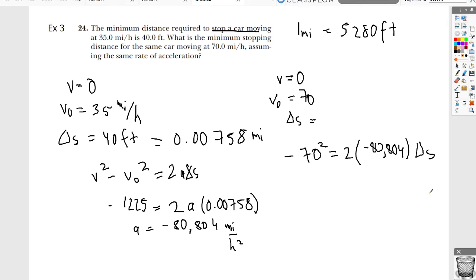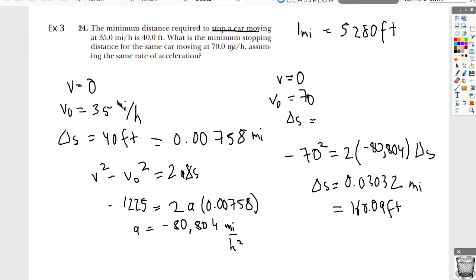So let's see, negative 70 squared divided by 2 times negative 80,804 will give you delta s is equal to 0.030232 miles, which if you multiply by 5280, you will get 160.09 feet.